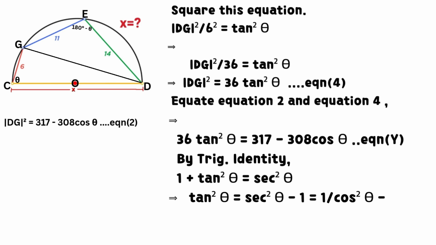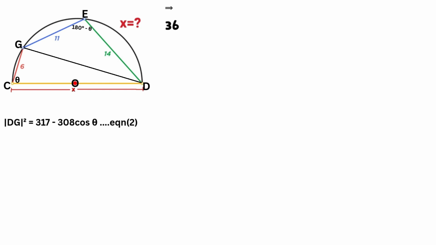We call it equation Y. By trigonometric identity, the sum of 1 and tan square theta equals secant square theta. It follows that tan square theta equals secant square theta minus 1, which equals 1 over cosine square theta minus 1. Substitute in equation Y.